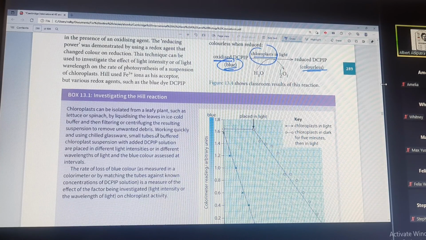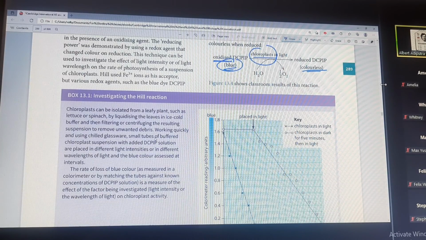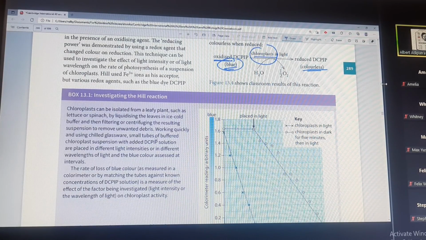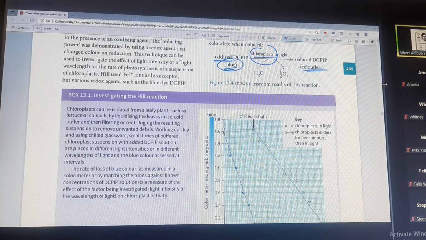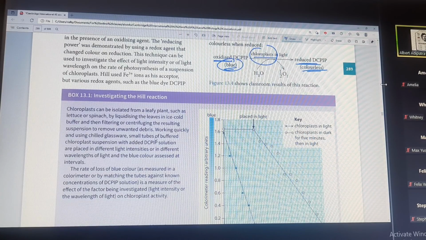Okay, so that's the evidence of the reducing power of the chloroplast. When you shine the chloroplast with light, the chloroplast would excite its electrons. The electrons will be released, and some of the electrons from the chloroplast would be reducing the DCP-IP and turning it colorless.